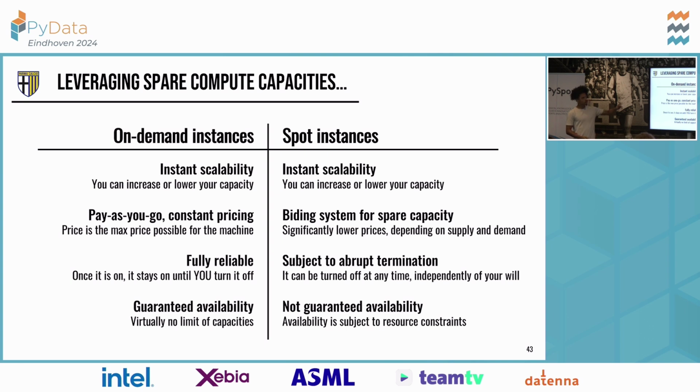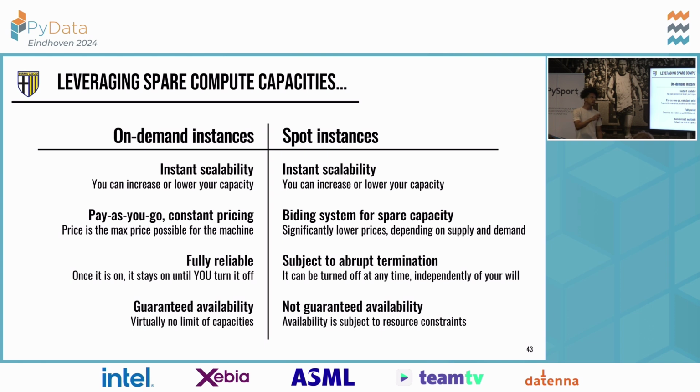So we chose to go with spot instances because it's much cheaper. And as you may know, we have very little money in the football industry. But the reliability and the availability problems are actually not constraining for us, because the reliability is ensured by the message queue.